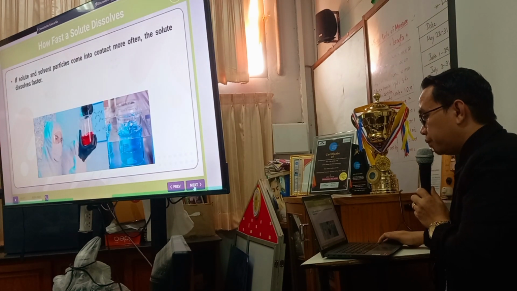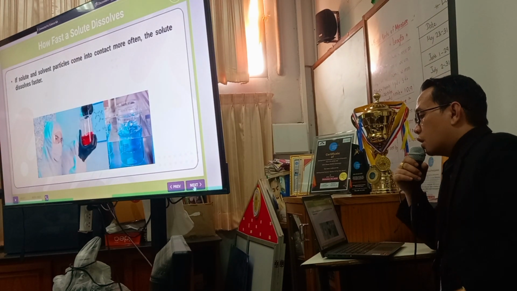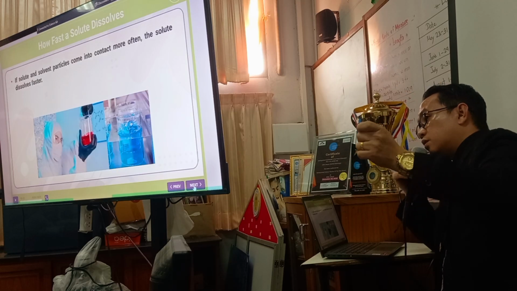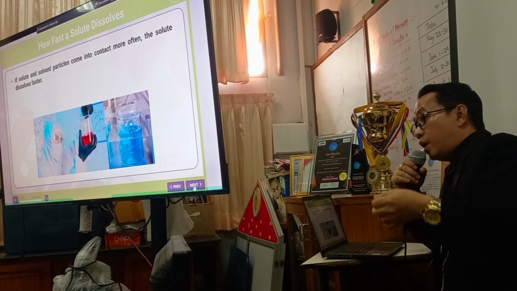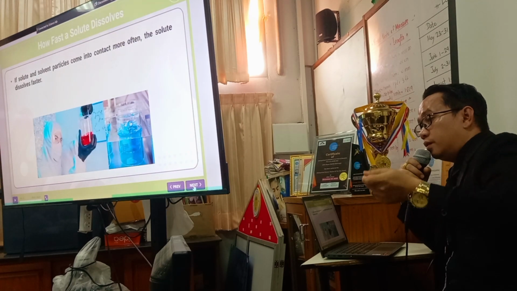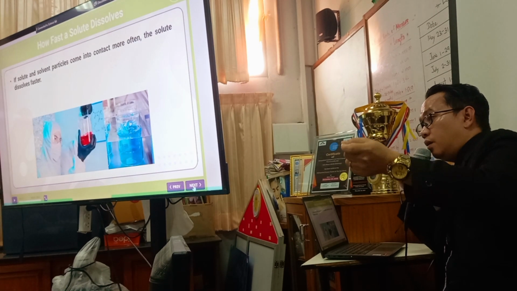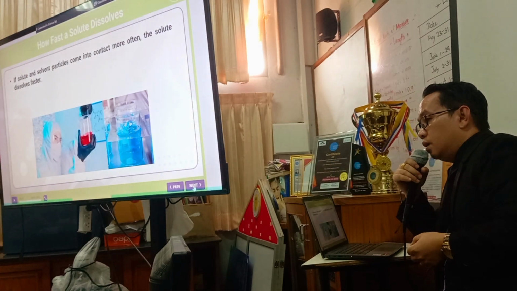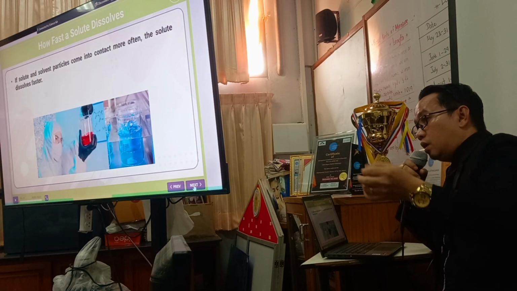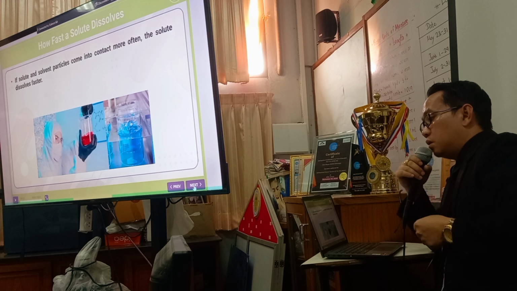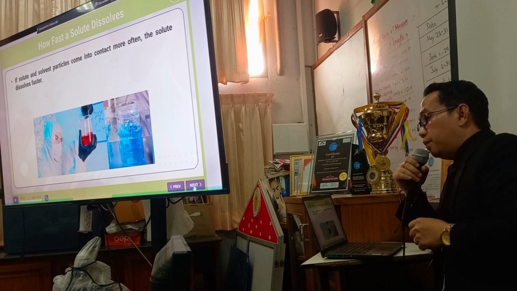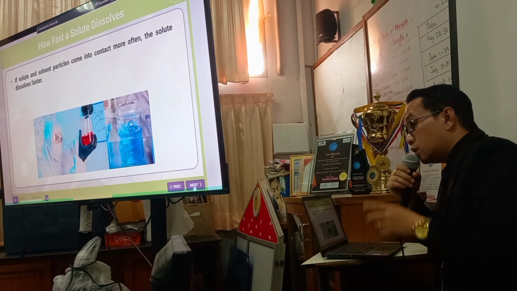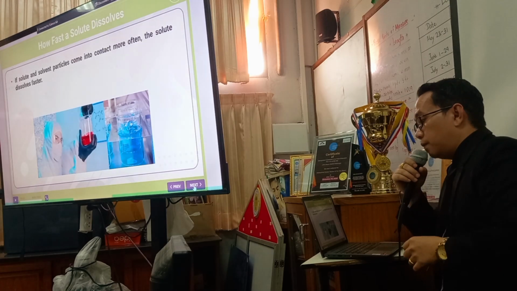So literally, how fast a solute dissolves is one of the best things that we always have to be aware of every time we cook food, make coffee or milk, or make a juice or any solutions that we need in our household. If solute and solvent particles come into contact more often, the solute dissolves faster.